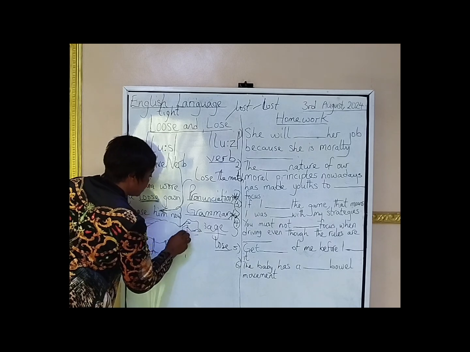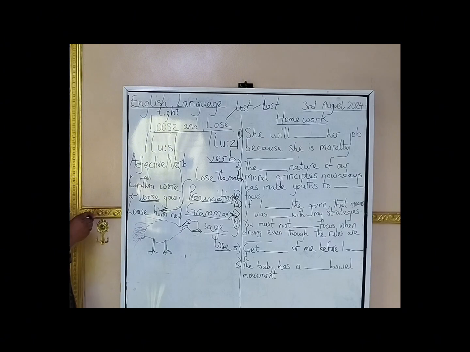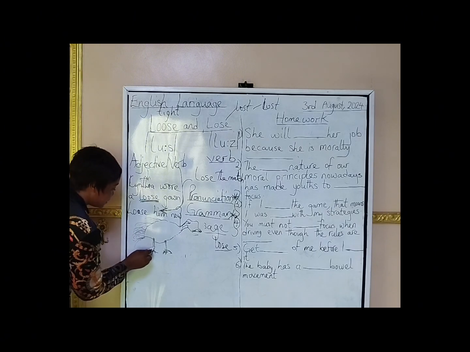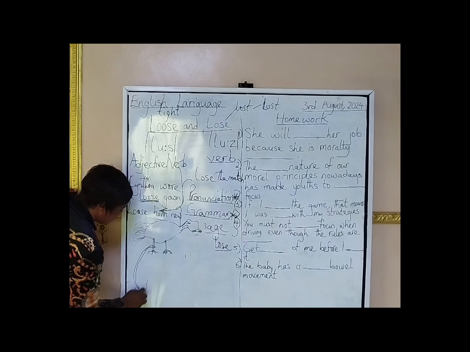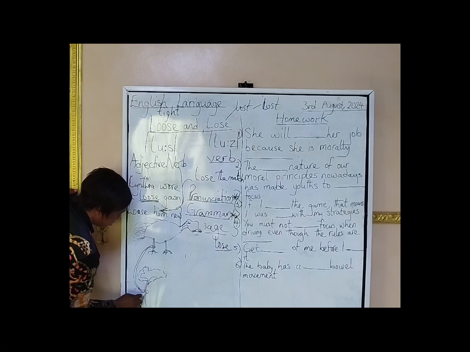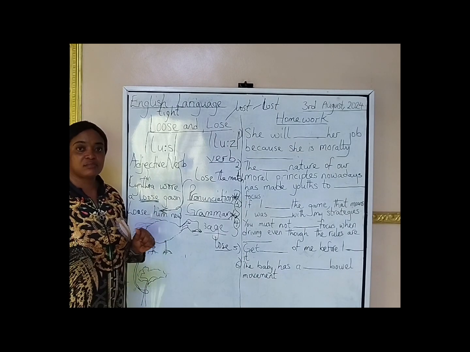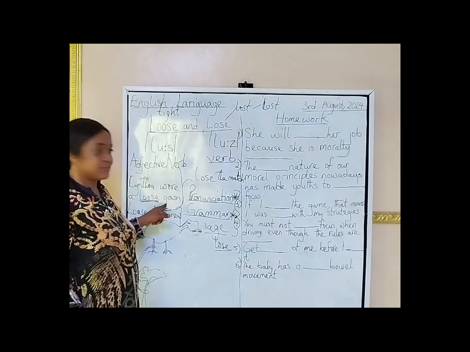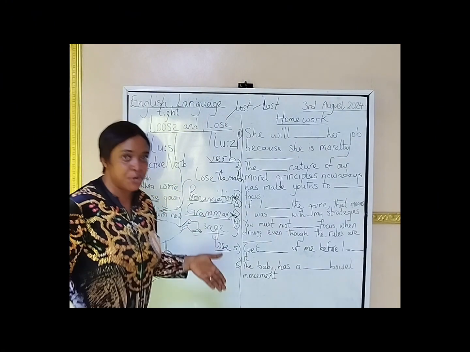There's a rope holding it here, tied to a stick or a tree, or a flower, and you're holding this bird, and somebody says, loose it. Loose it. This one has been used as a verb.